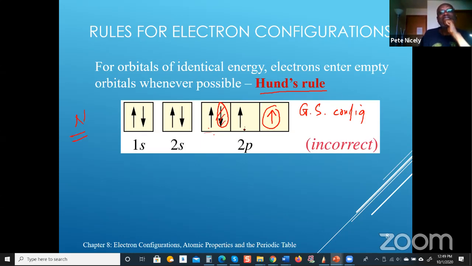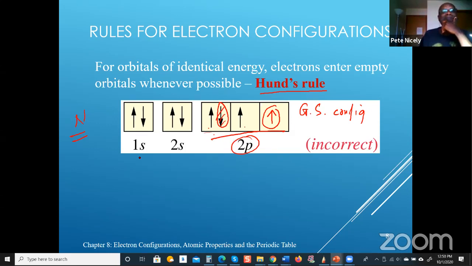So that's what Hund's rule says. Hund's rule basically says that for orbitals of identical energies, such as this 2p sublevel here, the electrons will try to spread themselves out among the vacant orbitals whenever possible. Now, there are some cases where it's not possible.